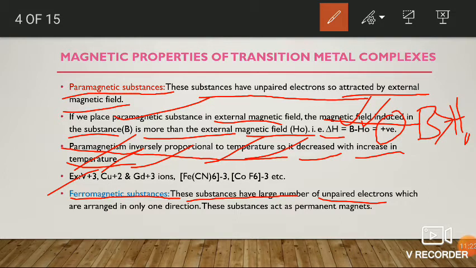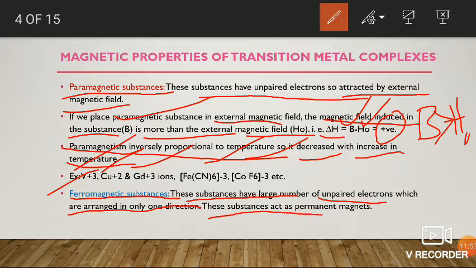If you observe the alignment of these unpaired electrons, they are aligned only in a particular direction. It may be clockwise or anti-clockwise. That is, all the unpaired electrons are arranged in only one direction. So the magnetism or the induced magnetic field strength will be high when compared to paramagnetism. So it is considered as ferromagnetism.